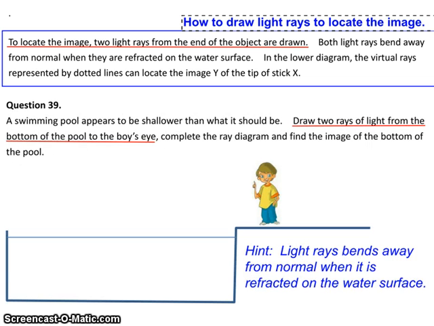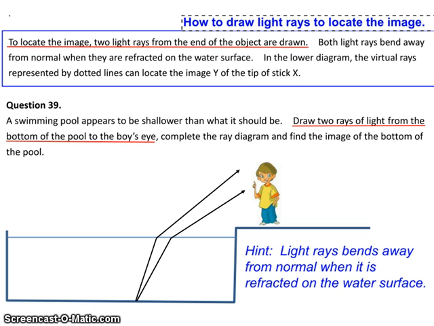For question 39, you are asked to draw a diagram to show why the bottom of the pool seems to be shallower, so it is not that deep. What you do is draw two light rays from the bottom of the pool, and they will bend away from the normal.